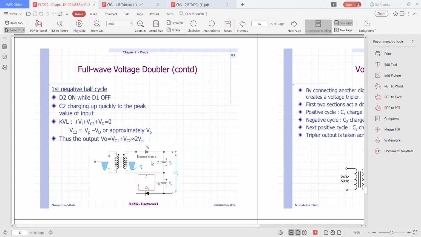So in this case, diode D1 will be off or open circuit. So the loop equation will be on this area, by referring to the red arrow here.